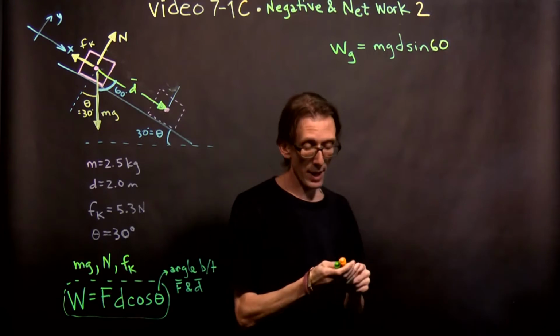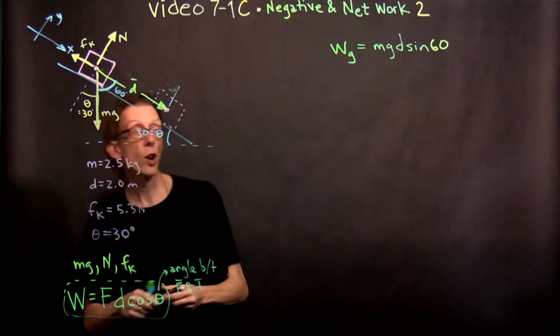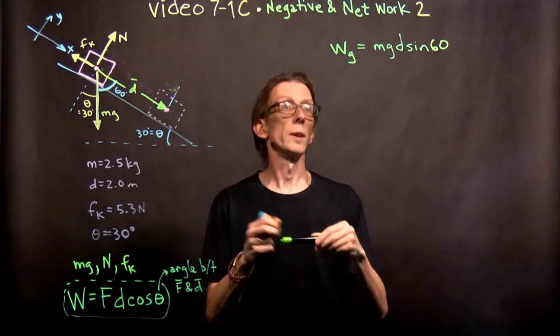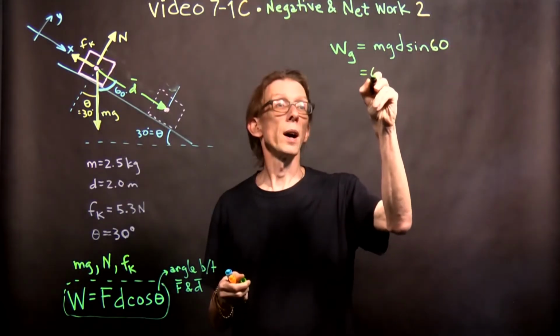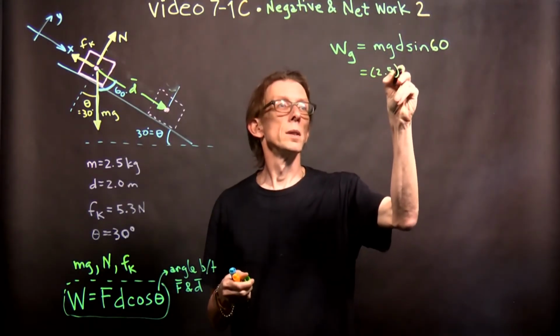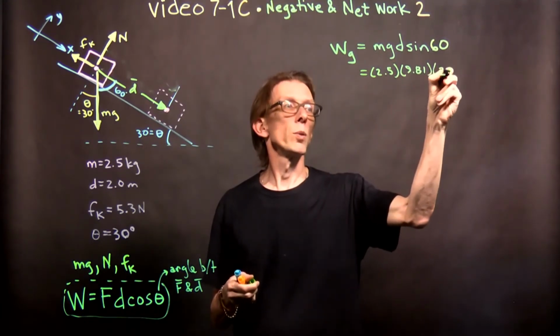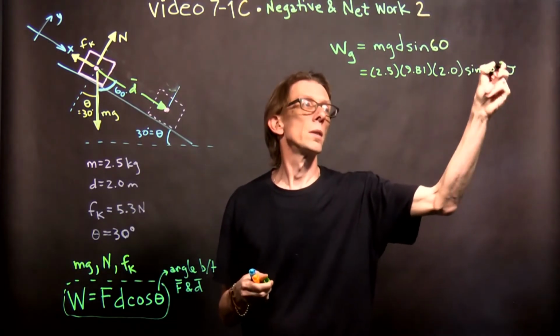So mgd sine 60, you plug your numbers in, you know your numbers. They're given to you free of charge. So this is going to be, wrong color, that's what that's going to be. That's going to be the mass, which is 2.5 times 9.81 times 2.0 times sine of 60 joules.